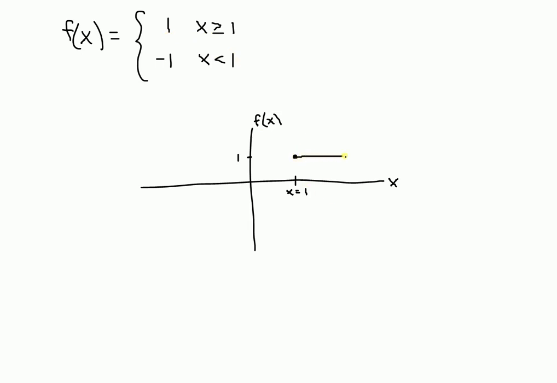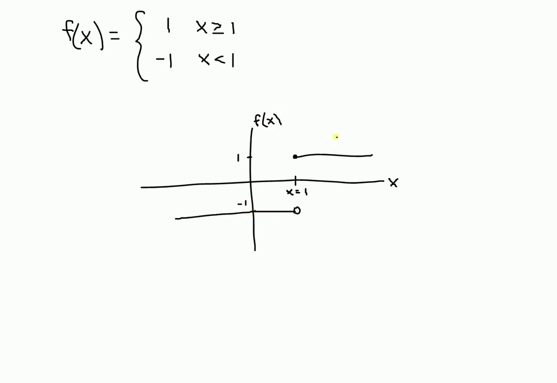And then as x is larger, it's 1. Then when x is less than 1, f of x is equal to negative 1. So here we have negative 1. And at x equals 1, we're going to have an open circle. And then f of x is going to be equal to negative 1. Right?